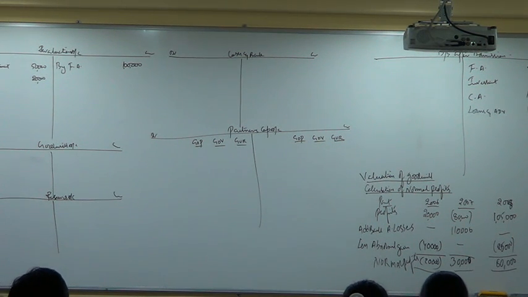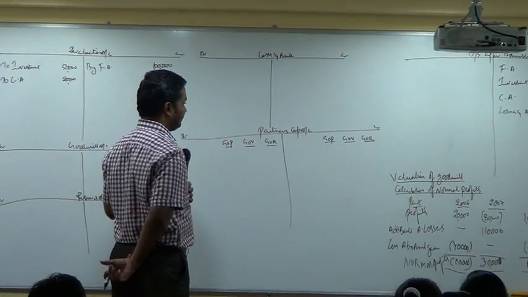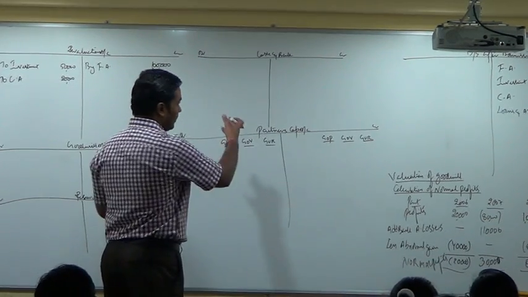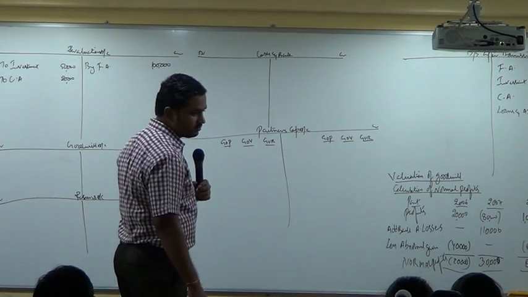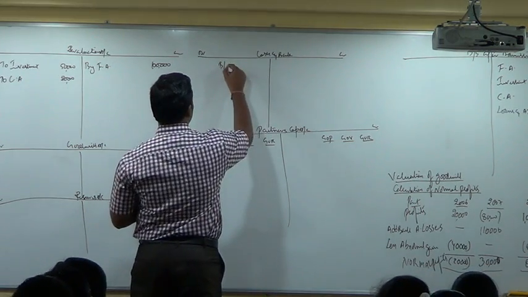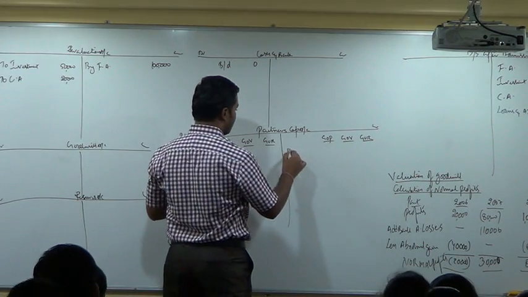Now give posting. Can you just tell me the opening balance of cash and bank? Nothing is there. Brought down 0. Tell me, partners capital account balance is brought down.